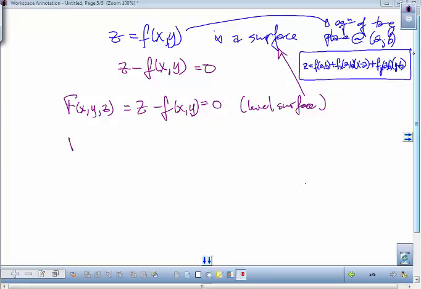So that's our equation of the tangent plane. All right, so this is our little preview.